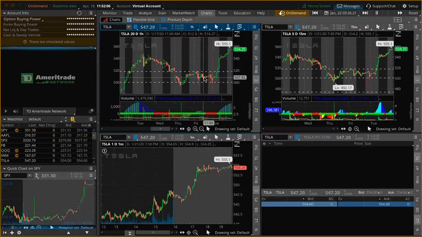So here we have Tesla and a squeeze right before the close of the day. I didn't catch it here. I caught it here. I saw that we were squeezing, and we had a lot of buyers stepping in, breaking above this range here. So that was a first level indication that we were possibly going higher.